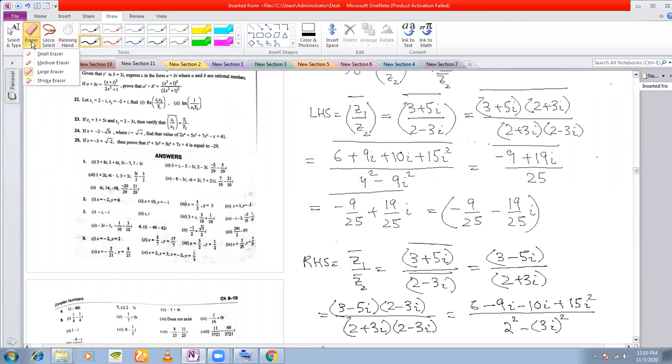This should be 13, not 25. Here, 2 plus 3i into 2 minus 3i is 4 plus 9, so all this should be 13.